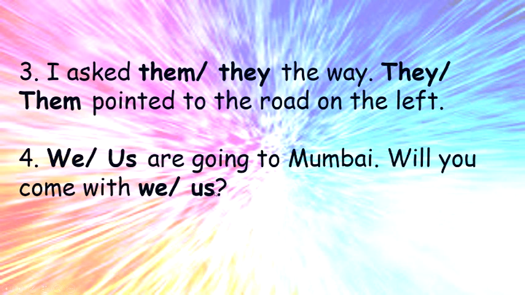Now here it is at the object place because it is the receiver of the action come. Children, I hope you recall doer of the action means the subject place and receiver of the action means the object. Accordingly, make your choices.